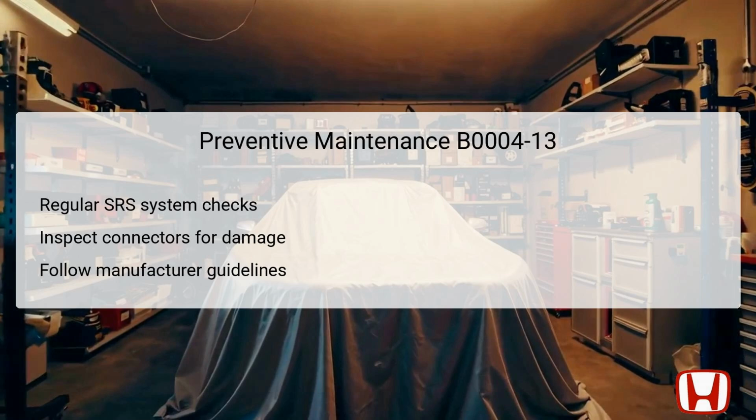Following the manufacturer's maintenance guidelines offers a systematic approach in maintaining vehicle safety systems. Additionally, keeping a record of any previous issues can aid in spotting patterns and anticipating future maintenance needs. Being proactive in caring for the airbag system can significantly enhance passenger safety and reduce unexpected costly repairs.